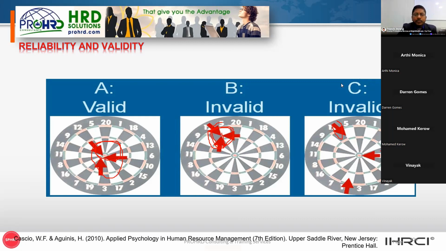It's not valid. So two of the primary criteria of evaluation in any measurement or observation are whether we are measuring what we intend to measure, which is validity, and whether the same measurement process yields the same results.